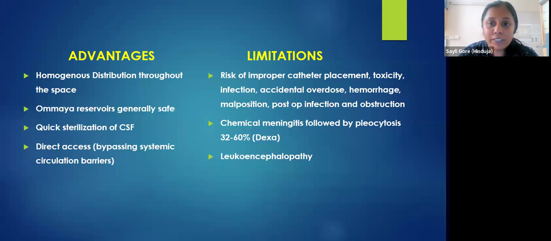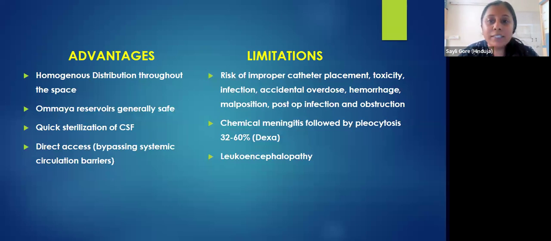Then there are many limitations, or particularly one main limitation of intraventricular therapy, which is chemical meningitis. It is very, very common, chemical meningitis or arachnoiditis, which is followed by pleocytosis. There are some studies saying that dexamethasone should be administered before the intraventricular therapy to avoid chemical meningitis, but there is not much data to prove this.